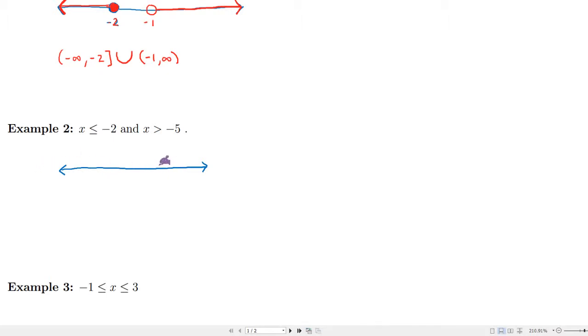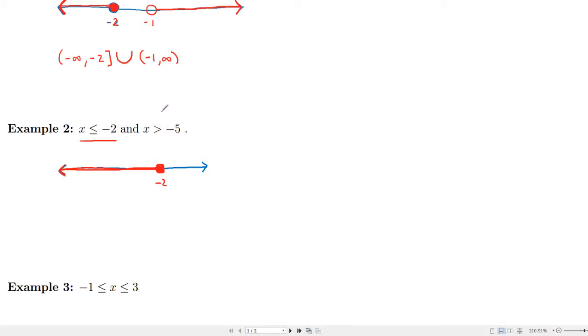So just, maybe just quickly check what values are you going to be plotting there. So -2, this is going to be a filled-in circle because we're including -2, and x is going to be less than or equal to this. So that's this region over here. Okay, so that's the red.